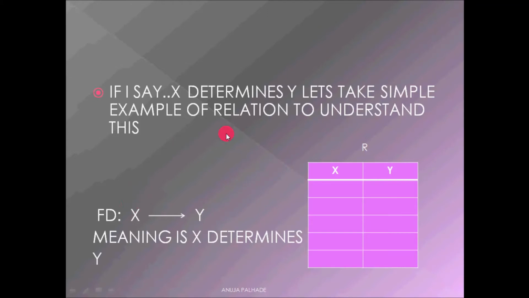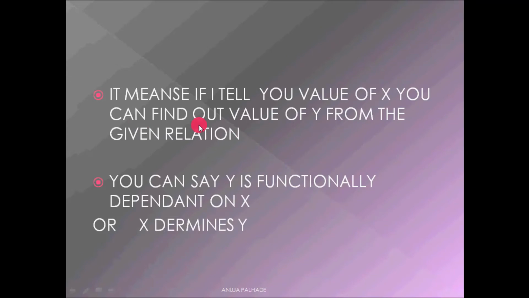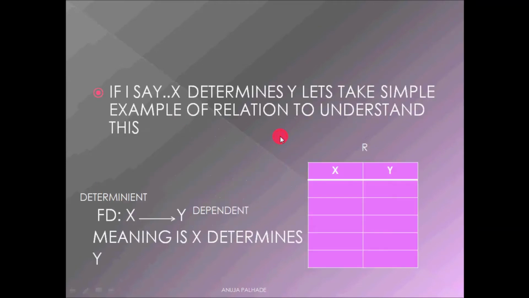You have to look up the relation here in this case. If x is equal to 5, you have to check in the x attribute for 5. Then you have to map the value of y with the particular value of x. This is the meaning of the point: if I tell you the value of x, you can find out the value of y from the given relation.